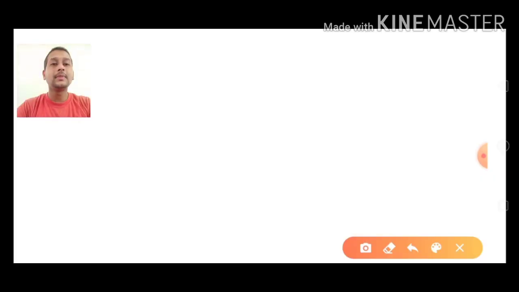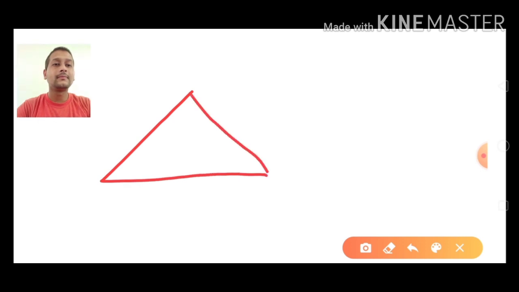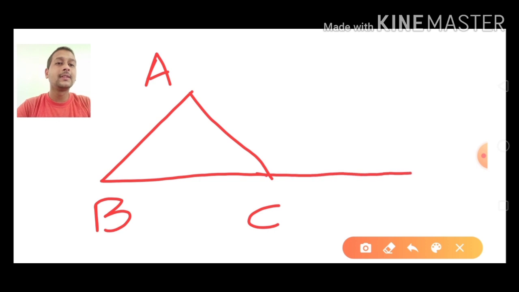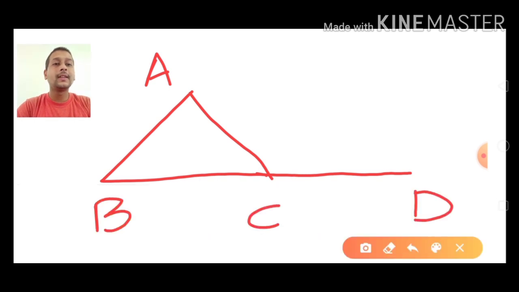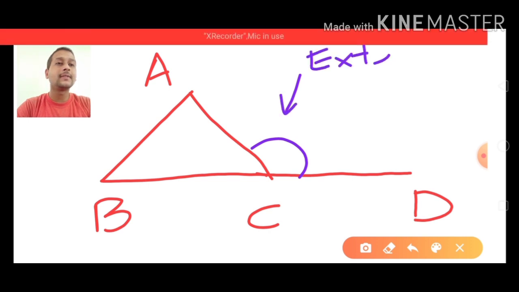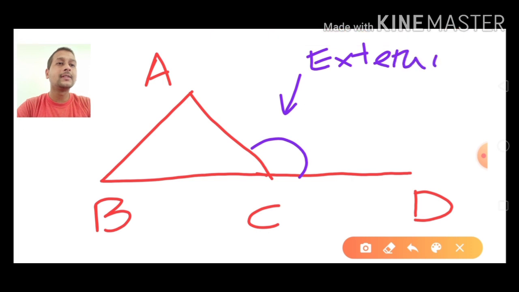Now say this is a triangle ABC. What we are doing is extending this side to D. When we extend this to D, it creates an angle. This is the exterior angle of the triangle.